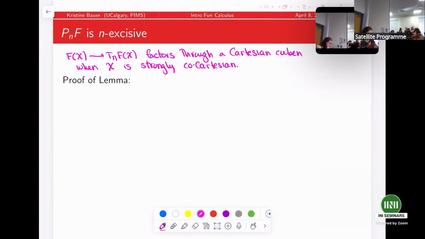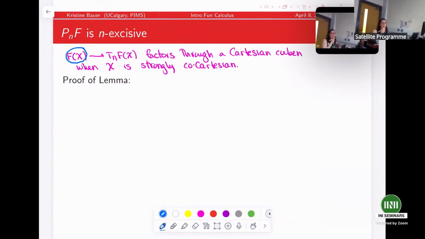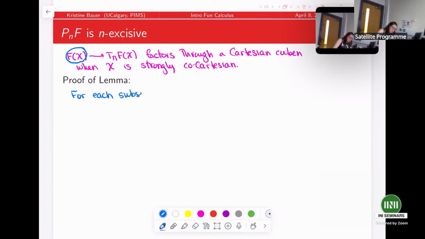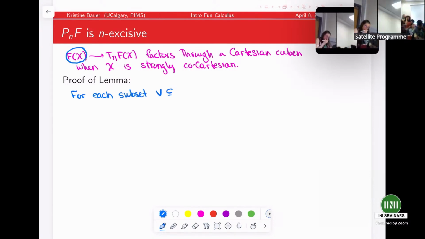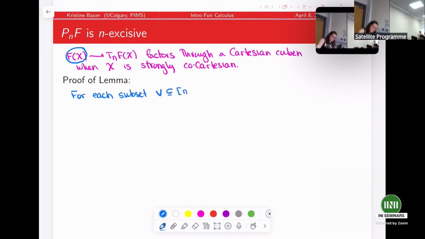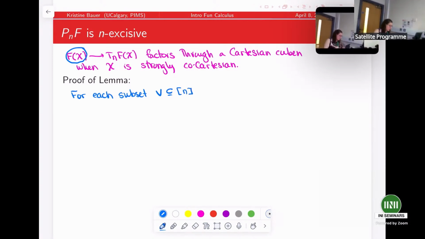So what I want to do is remember that this thing, it's sitting here looking all innocent, but it's actually a big ol' n cube, the same as before. And so now I'm going to make a new n cube. Okay, so for each subset V, let's assume I'm in n+1 cubes, so that V is sitting in n.